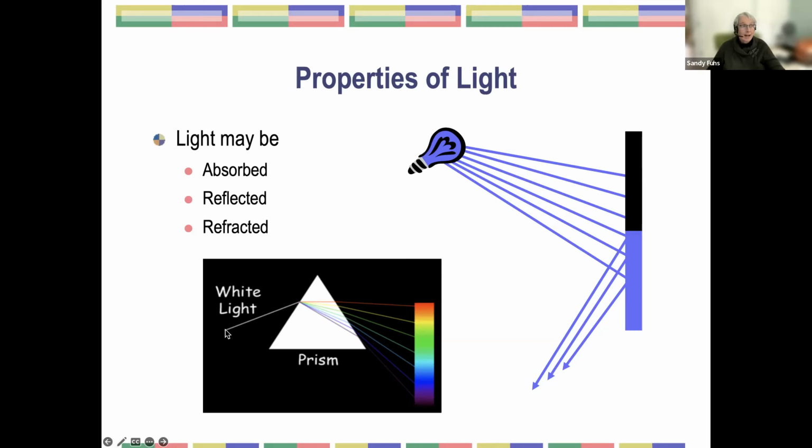So when our eyes see white, it's actually all of these wavelengths together equal white. If I turn the light off in a dark room, now I see black. That's because there's no wavelengths of light that my eye will perceive. So white has all the colors of the spectrum, all the wavelengths.